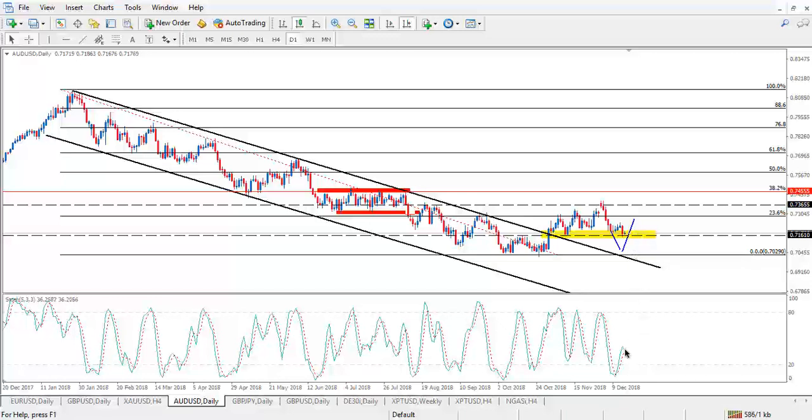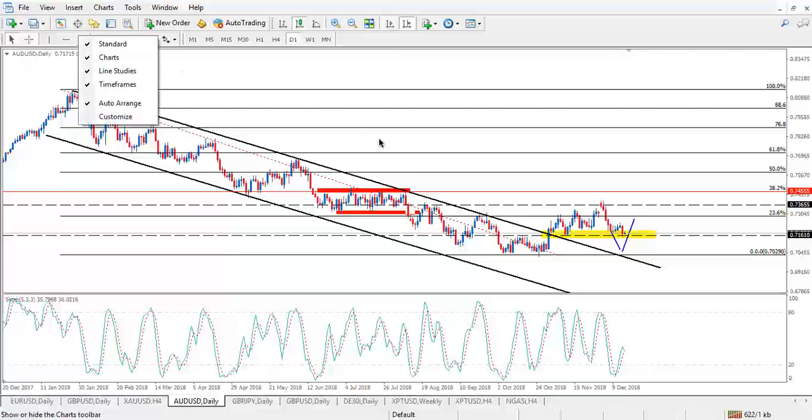At the same time, you're going to find that the stochastic has left the oversold area. Now it is traded above the level of 20, so this simply means that the price might go down again, since it is very close to the level of 20.